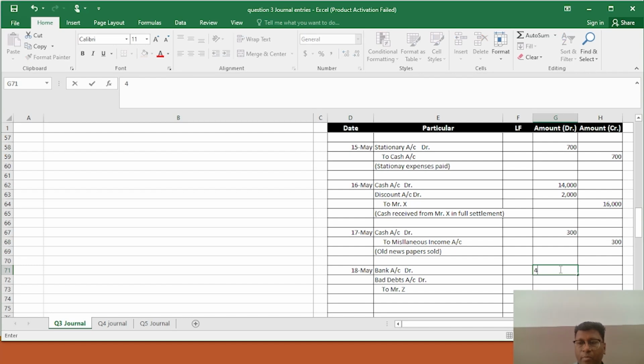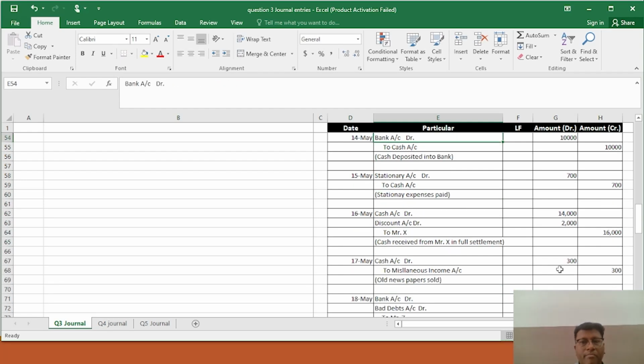Because the bank balance would be increased by 400, and bad debts, you see that 600 as calculated, and 1000 was to be received from Mr. Jet, right? So you can say the narration would be check received from Mr. Jet as being insolvent, right?